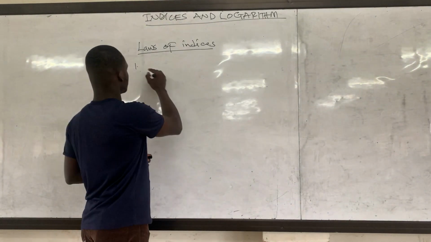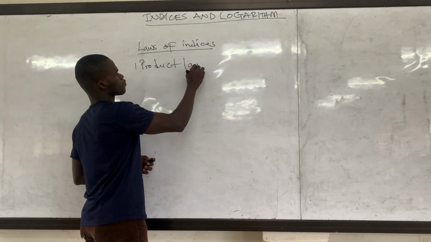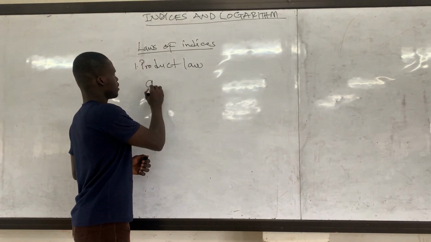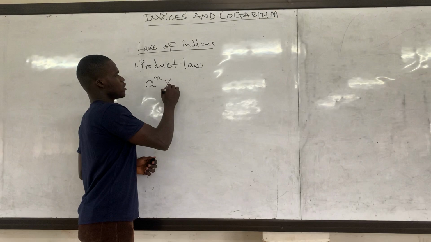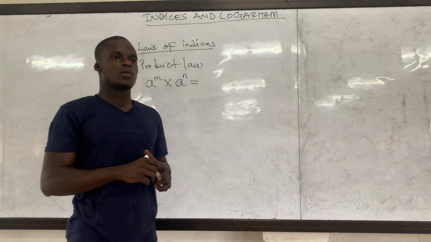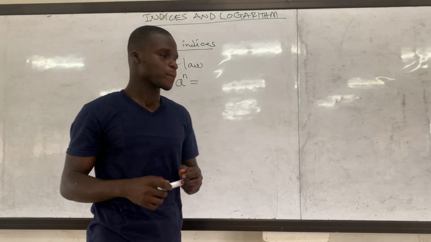The products law. So we have something like a exponent m multiplied by a exponent n. So this is called the product law. We will multiply something like a exponent m by a exponent n.